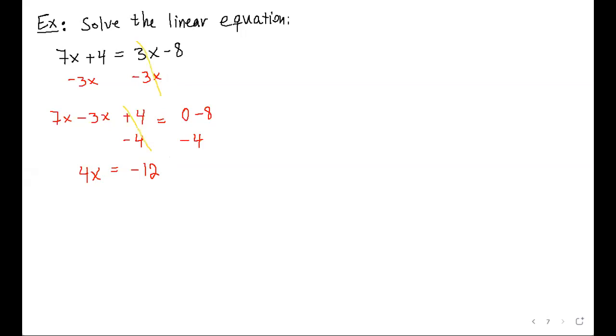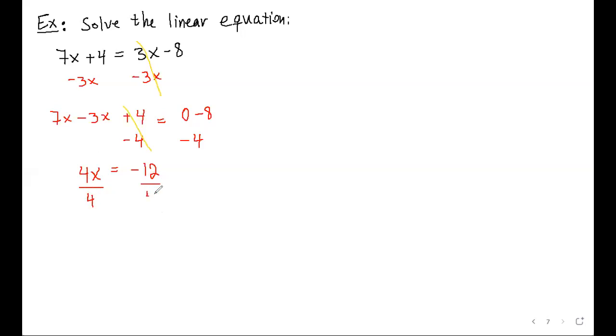Now, because solving means we have to know the value of x only, how can we make this equation x equal something? What's the next step? Christopher said dividing by 4. This is true. So now we divide both sides by 4.